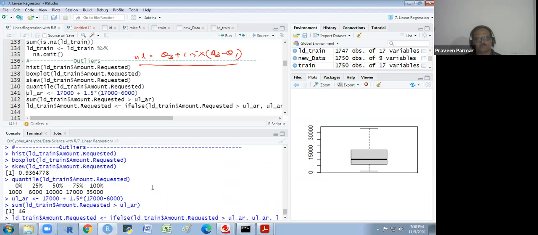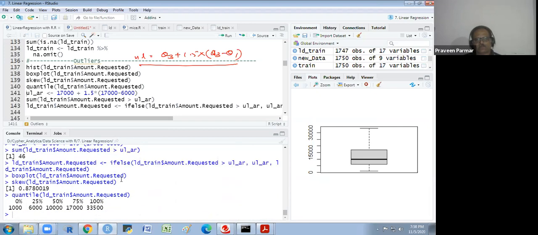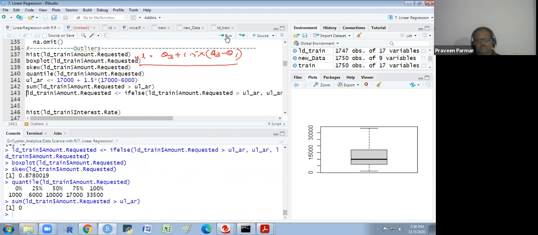Now it is 33,500 because we have changed all the values. But the median, first quartile and third quartile are not affected. Now we see how many outliers. There is no outlier. Now it is 0. When you perform this, once you check it also, as I have checked. Okay.